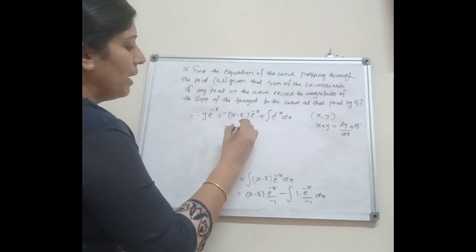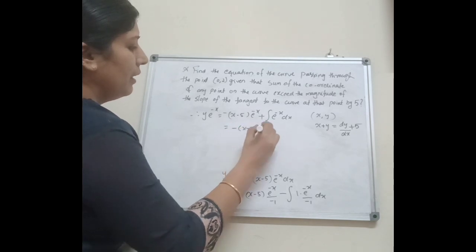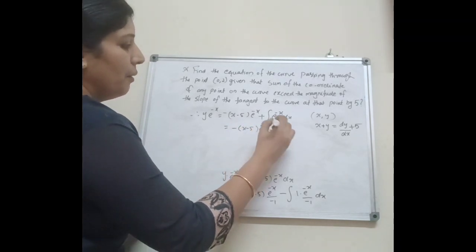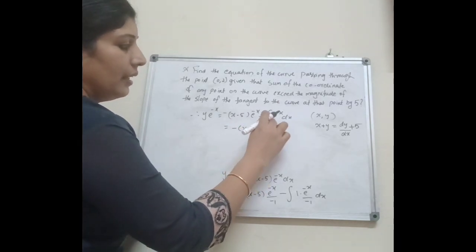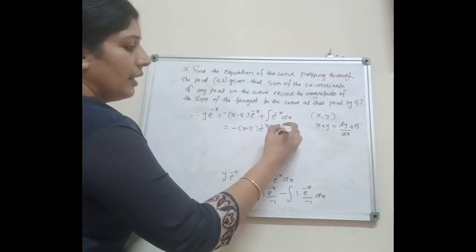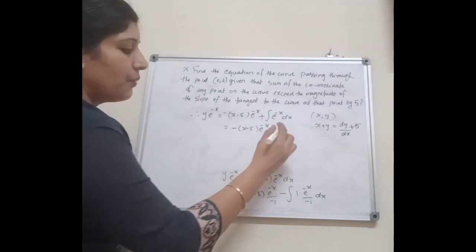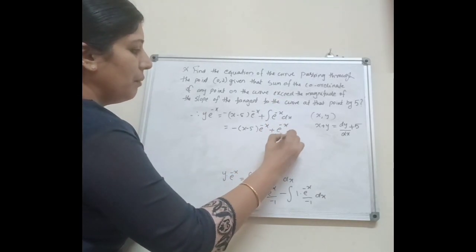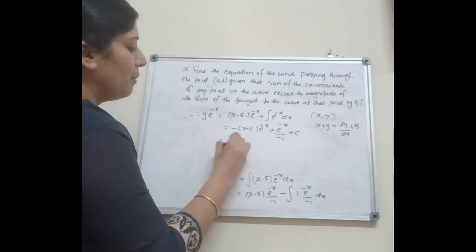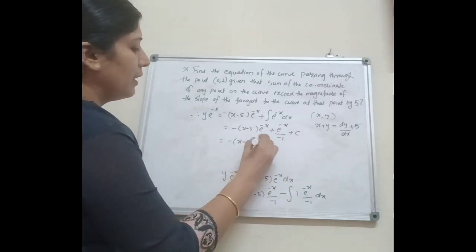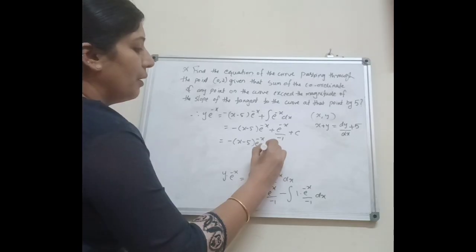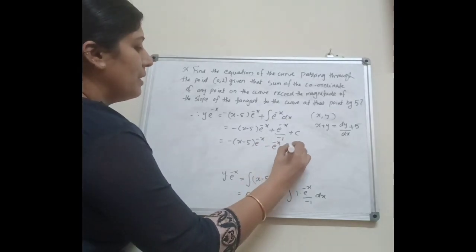That is equal to minus of x minus 5 e raised to minus x minus, here the integral of e raised to minus x is e raised to minus x divided by minus 1, plus c, that is equal to minus of x minus 5 e raised to minus x minus e raised to minus x plus c.